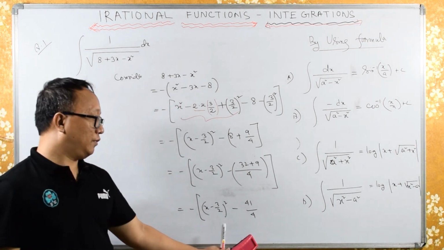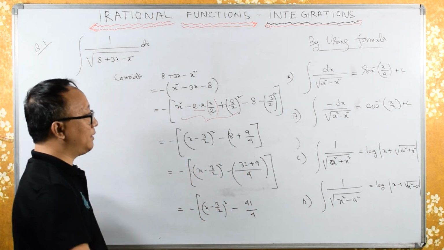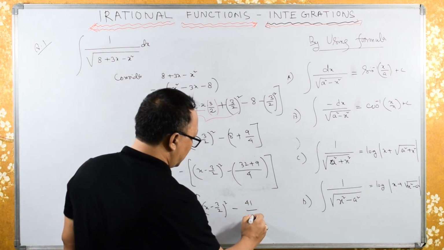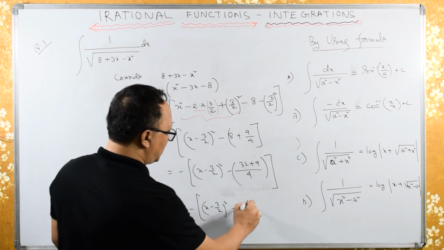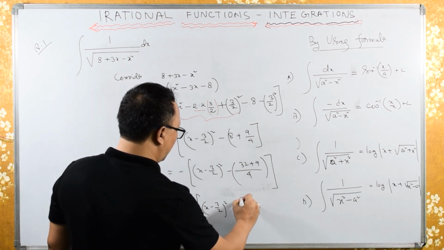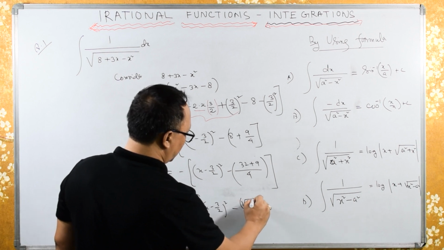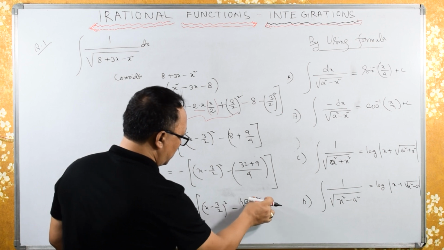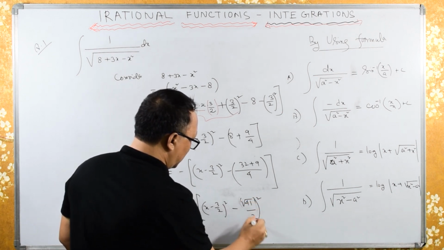So 41 upon 4, if I want to write it in terms of square, 4 is the same as 2 square, and 41 we don't have any perfect square, so I can write root of 41 the whole square. Okay, I can write like this.